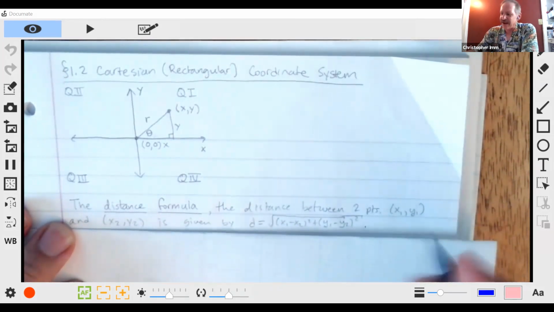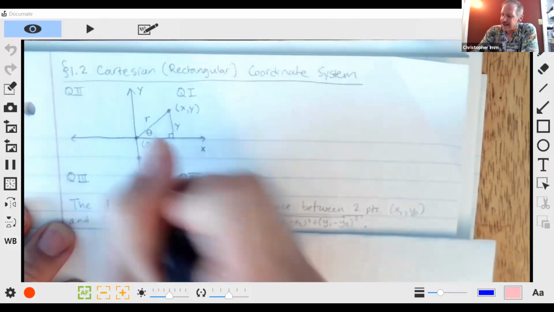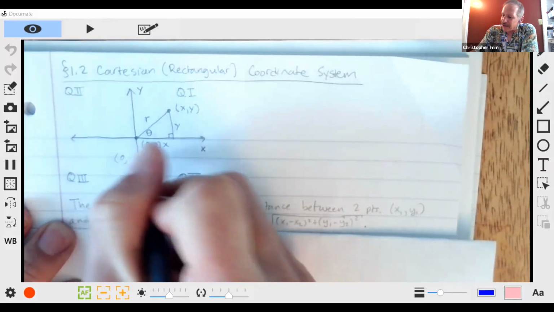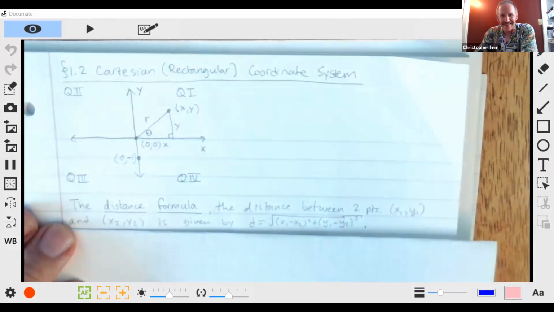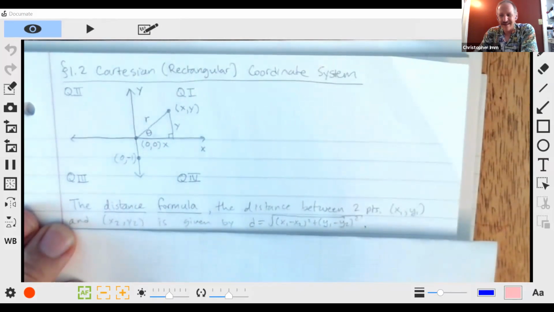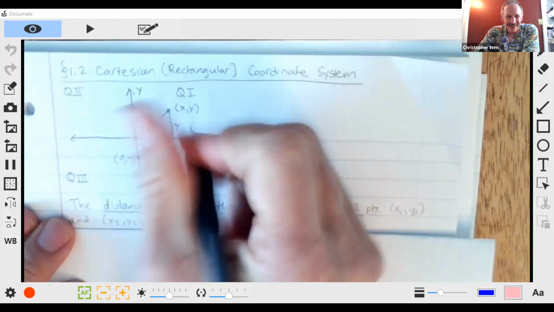So for instance, let's find the distance between the point 0, -1, oh, that's a special point, right? It's on the axis. What do they call that special point that's on the y-axis? It's an intercept. Yeah, great, a y-intercept. Thank you, Laura.